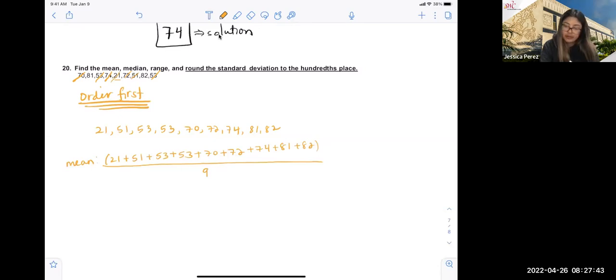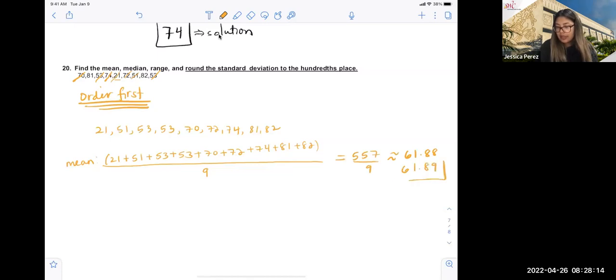Use the calculator. It looks like 557 divided by 9. Let's see if it goes in evenly. And it doesn't. So this is roughly 61.88, 61.89. Okay, I'm going to accept this.